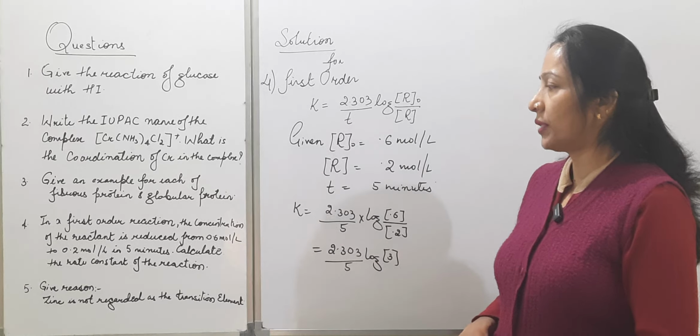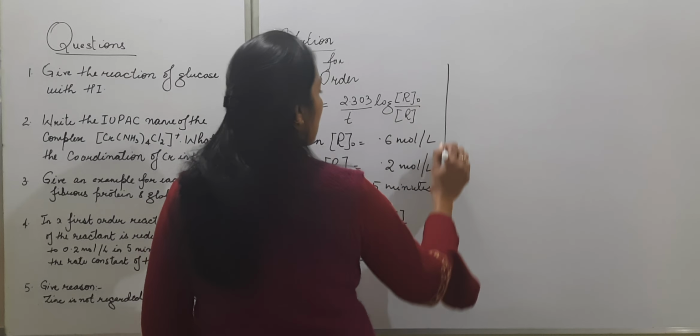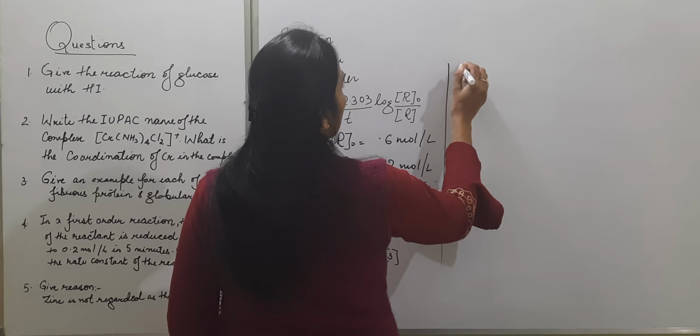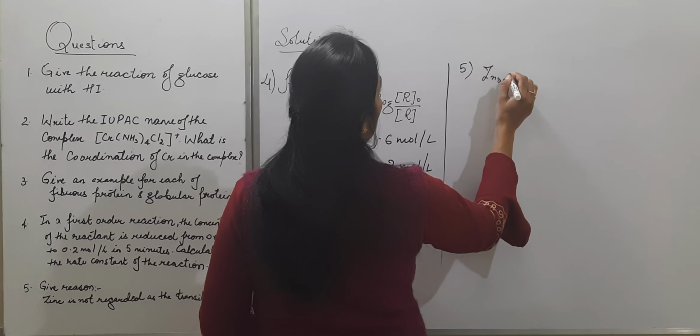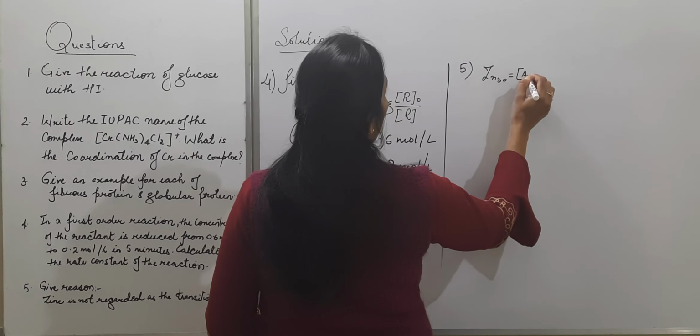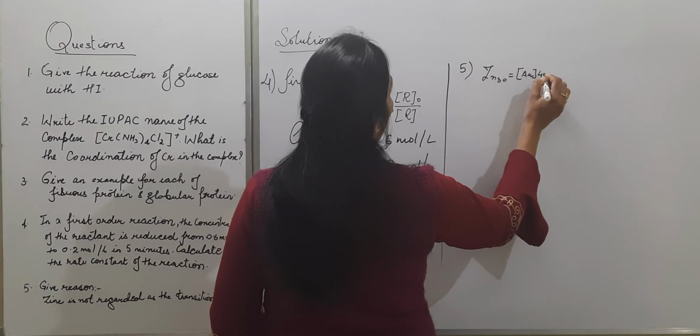It is in the 3d series, the last element. For this, how will we attempt the answer? Zinc has atomic number 30, electronic configuration argon 4s2 3d10.